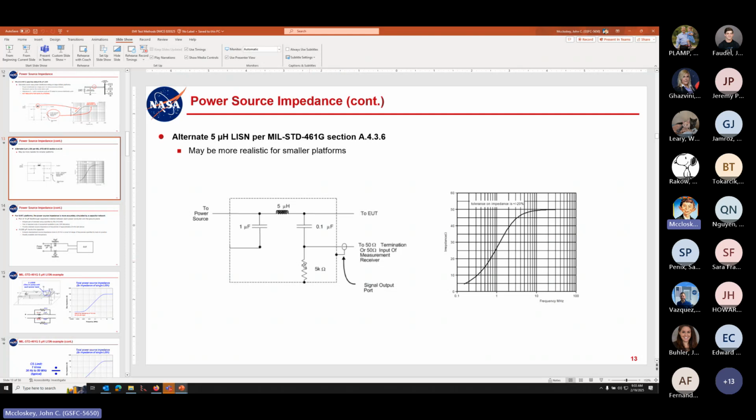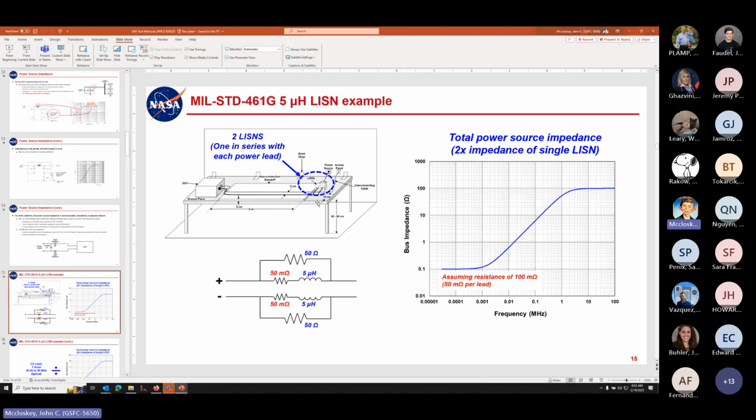And if you're using a line impedance stabilization network like this, then you need one in series with each power feed. So you need 2 of them. You'll have one in series with the positive lead and one in series with the negative lead. So the LISN itself does not include line impedance or line resistance.